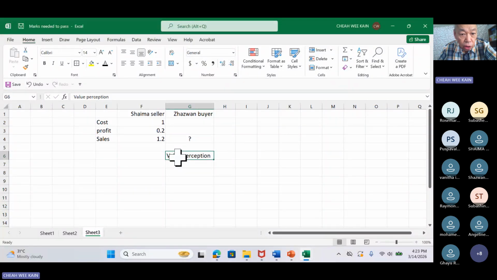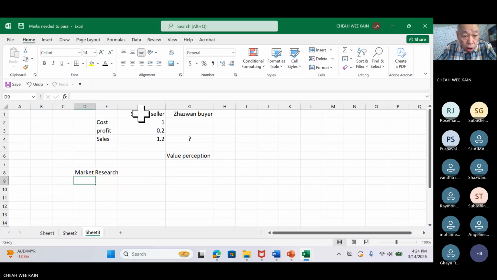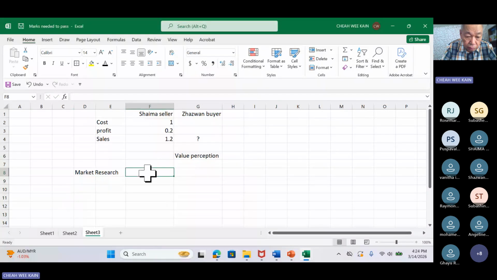You understand? So what must Shaima do now? Shaima actually must do a market research. In market research, what must Shaima find out?